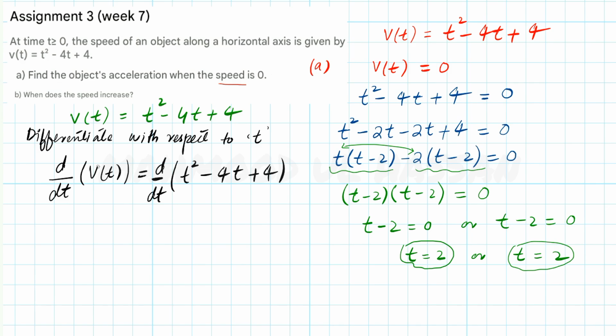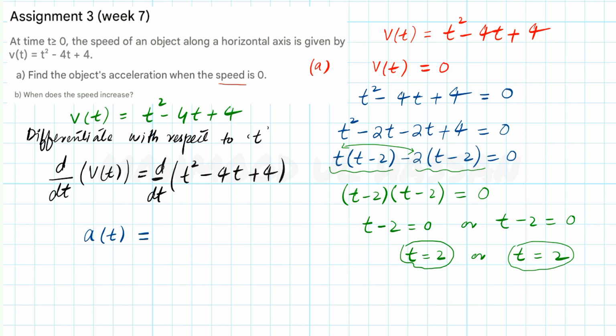On the left side, that can be written as v prime of t, and v prime of t is basically the acceleration. So instead of writing v prime of t, we write a of t. Here a represents the acceleration of the object.